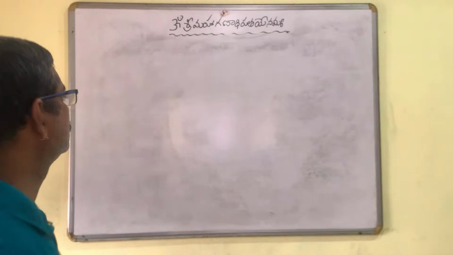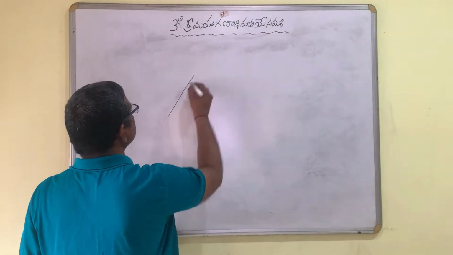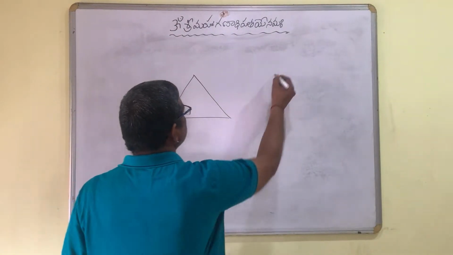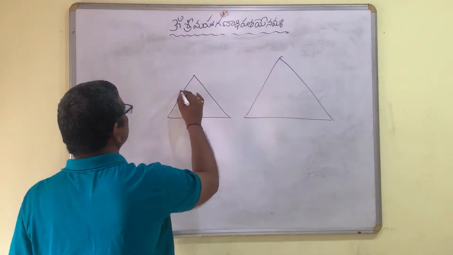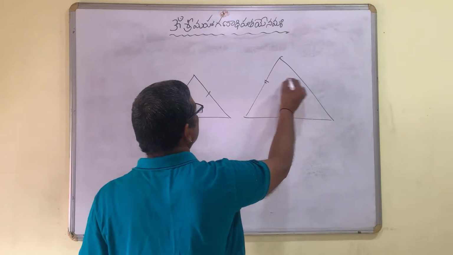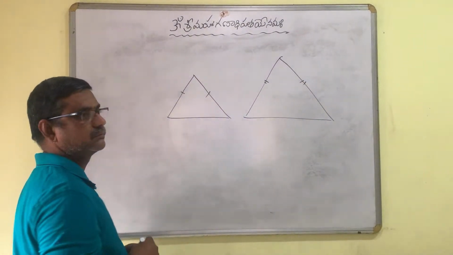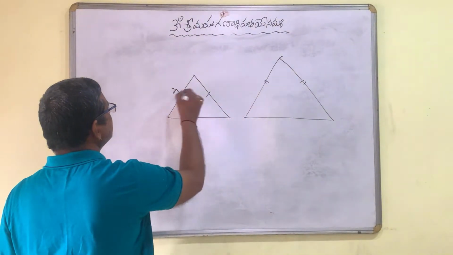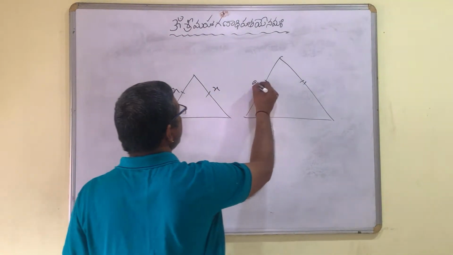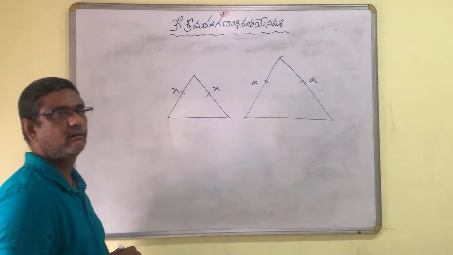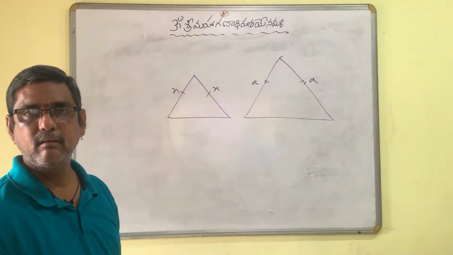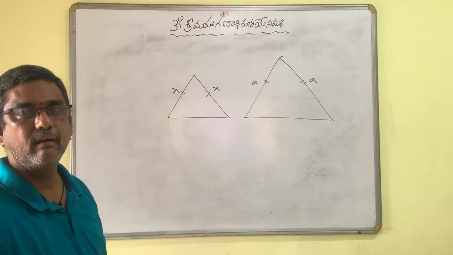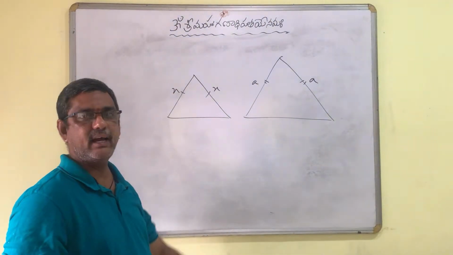Suppose this is an isosceles triangle and this is an isosceles triangle. These two sides are equal, these two are equal. Let it be x, x, a, a. Now x by a is equal to x by a.